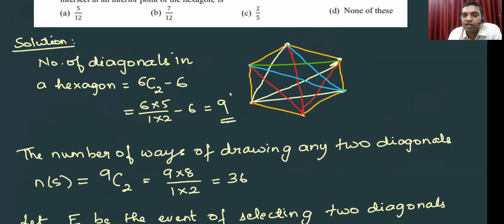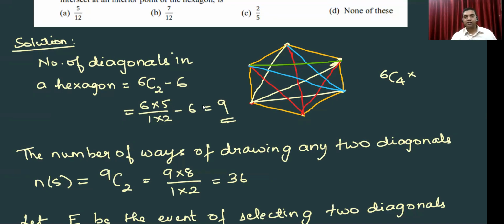But then of that 4, they can be adjacent. How will you remove the adjacent points? Of this 6C4, you then have to select any 2. You cannot select, see, 1, 2, 3, 4, the adjacent points again cannot come. Sir, the adjacent pair can be cancelled. So there are 2 ways of drawing diagonals with 4 points, right, sir?